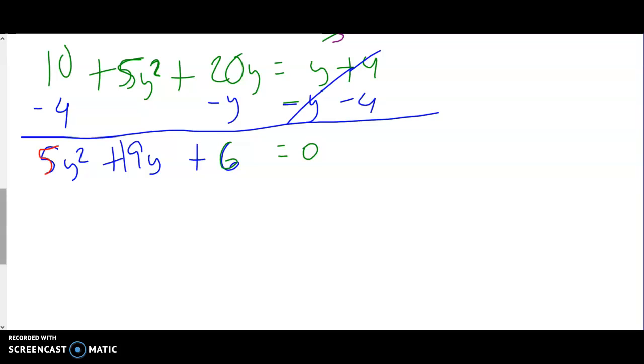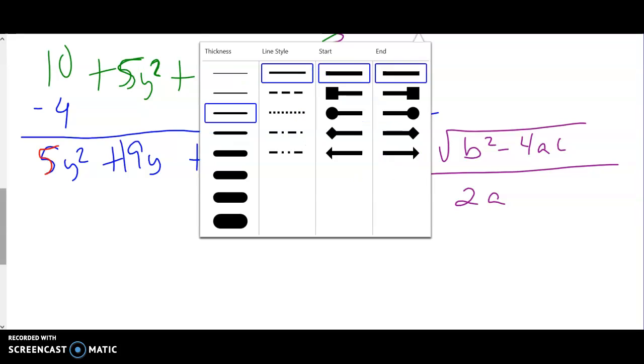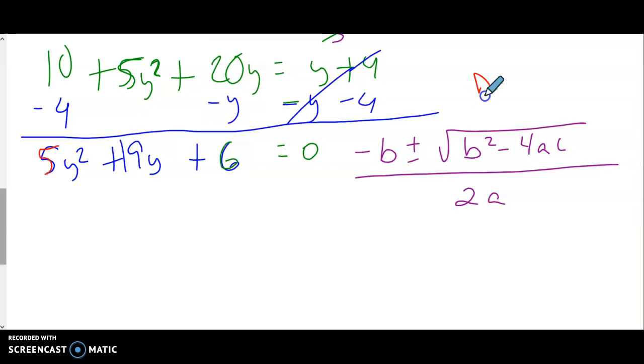Quadratic formula is negative b plus or minus the square root of b squared minus 4ac, the whole thing divided by 2a. The part underneath the radical is called your discriminant, b squared minus 4ac.